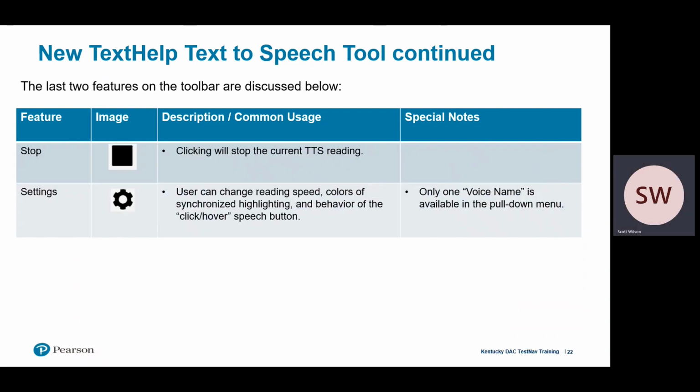The next feature is the stop button, the black box. And then there is a settings button as well. The user can use this to change reading speed, colors of synchronized highlighting, and the behavior of the click and hover button.